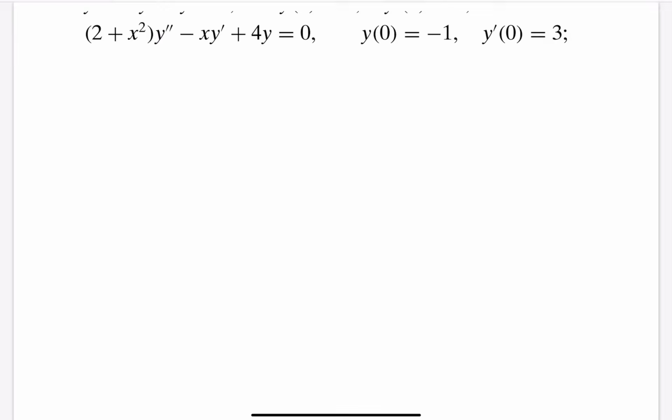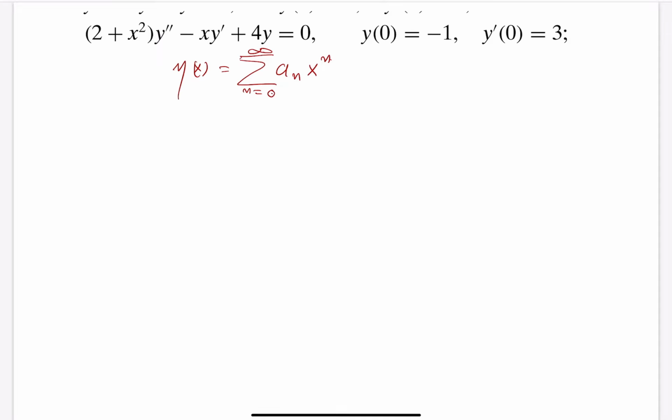The Taylor series solution will look like y equals the series going from n equals 0 to infinity, for example, of a_n x^n. This is the form the solution will look like.